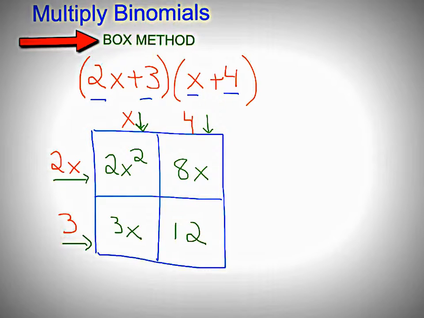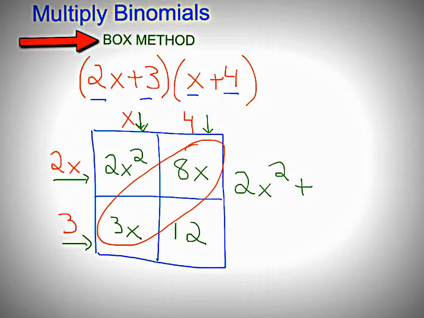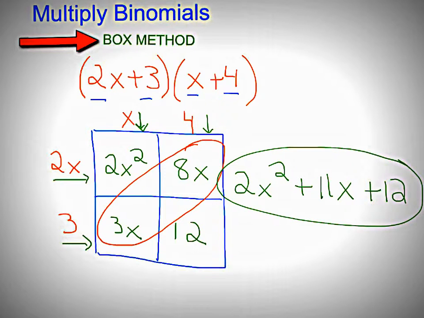And then now you want to combine like terms within your box, which in most cases will always be on that diagonal. So my final answer is 2x squared plus 3x plus 8x is 11x, and then I have plus 12 as my constant at the end. So when you multiply two linear binomials by each other, you should result in a quadratic trinomial.